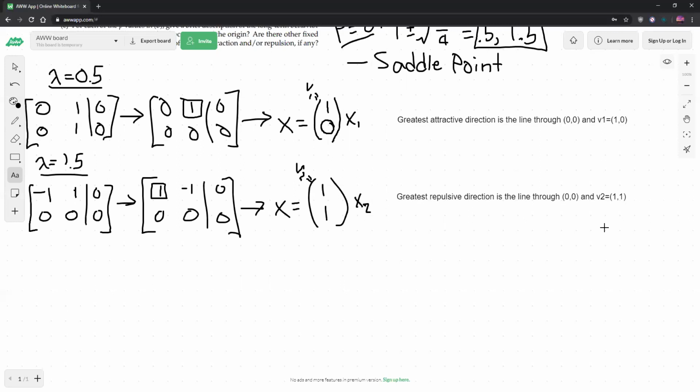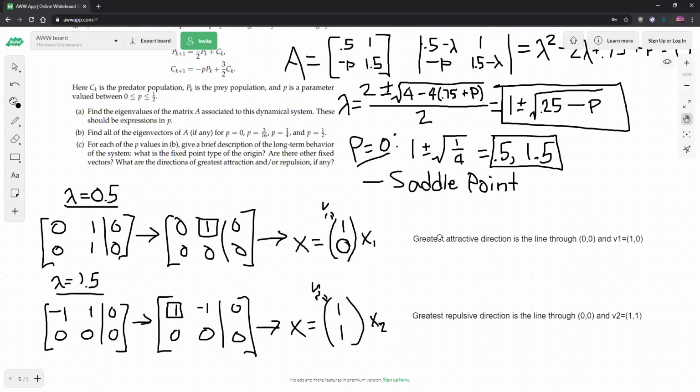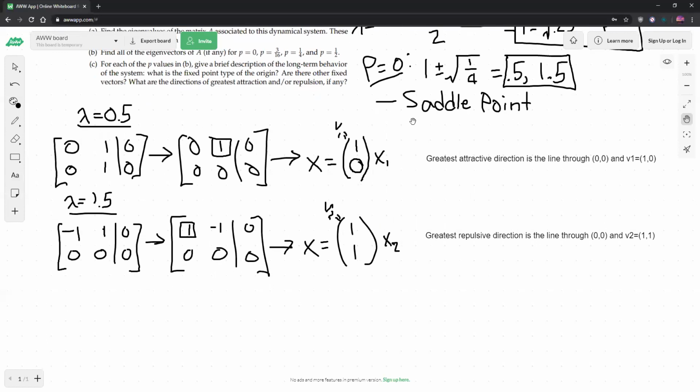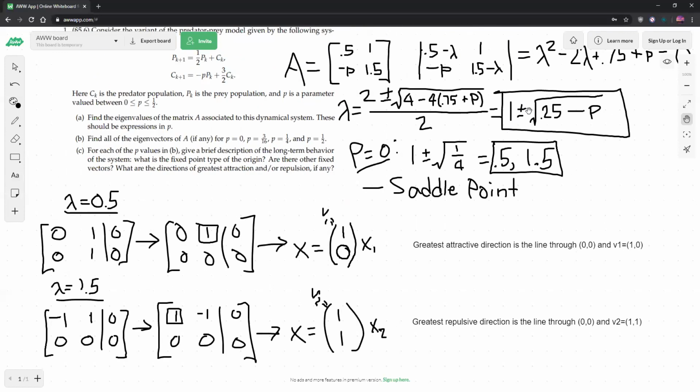Now I will say you're pretty much a lock for, well, let me look at the P's. Okay, that one's actually going to be a little bit interesting. So for a lot of these P's, notice that we have a 1 plus or minus, right? So that means you're going to have one of these that's bigger than 1 and one of these that's smaller than 1. So that creates a saddle point, right? We know that.